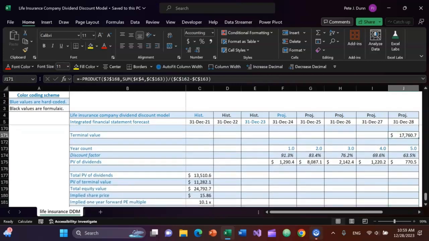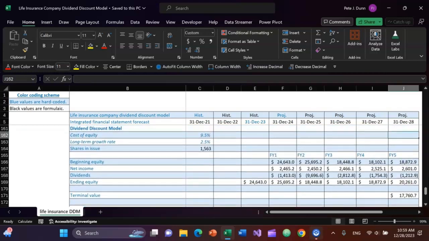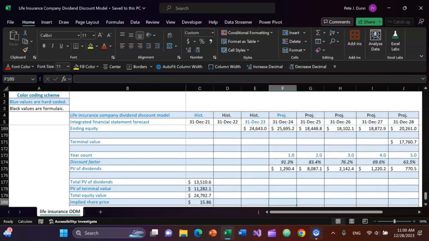Dividend times 1 plus growth rate divided by rows 162 minus 163, which is the cost of equity minus the growth rate. So it's a Gordon growth perpetual dividend.